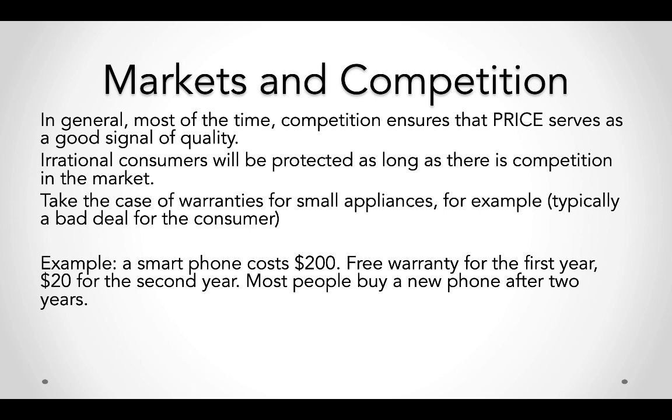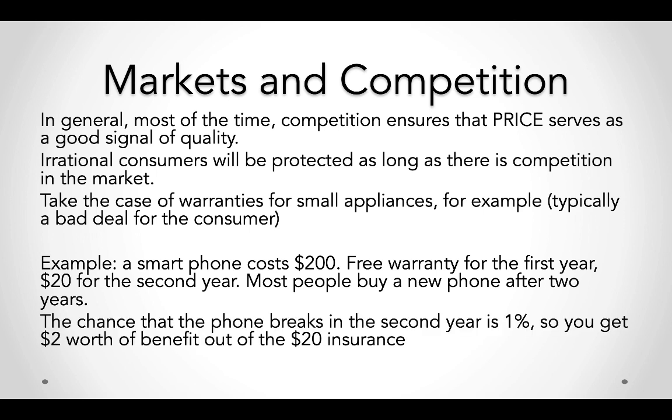Most people buy a new phone after 2 years. Is it worth it or not? Well, the chance that the phone breaks in the second year is 1%. So you get $2 worth of benefit out of the $20 that you have paid for the insurance. Therefore, we do not measure this as a good deal.